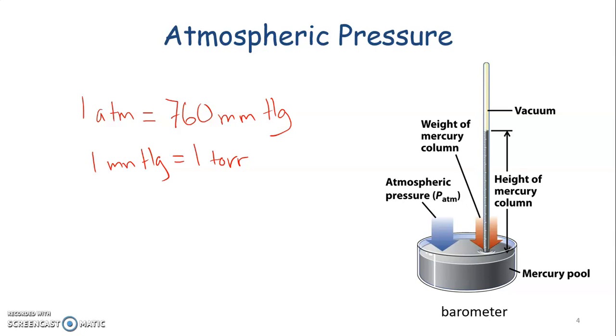Now, one thing that I should have mentioned before now is that atmospheric pressure is a pressure, and pressure is equal to force divided by area. Okay, and so that's just a basic definition of the physics quantities.